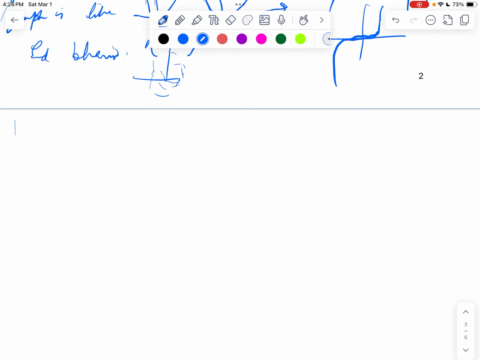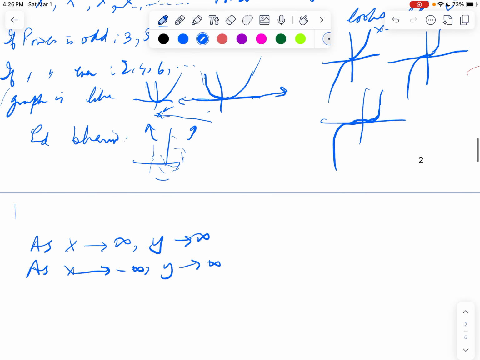We can say as x goes to infinity, y goes to infinity. As x goes to negative infinity, y goes to infinity. So you have to write it like this, or you can do this. That means the same thing.